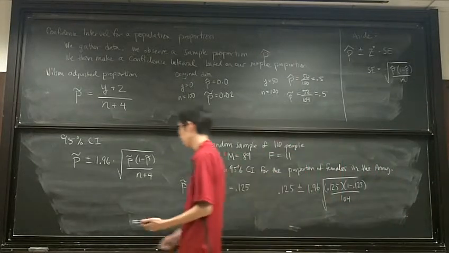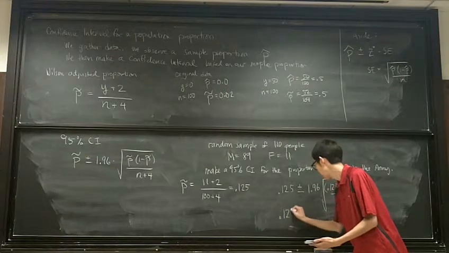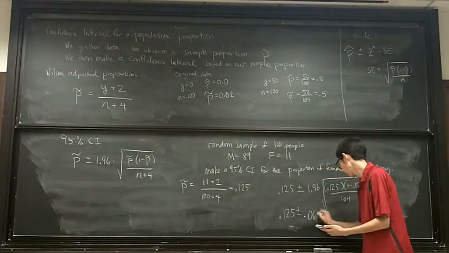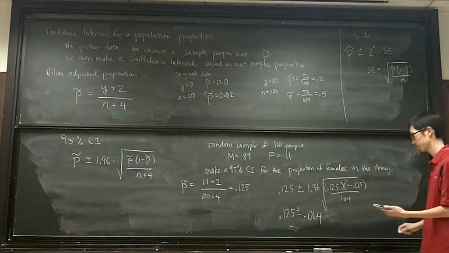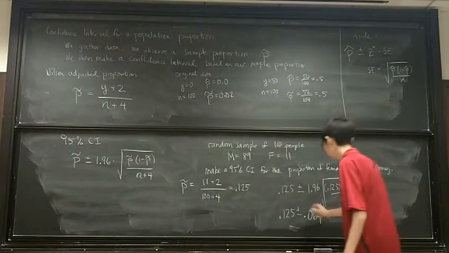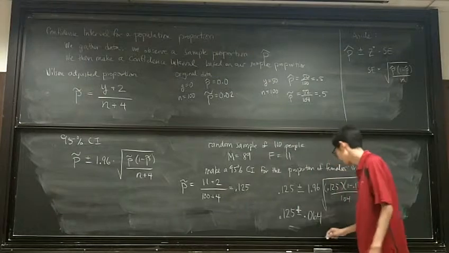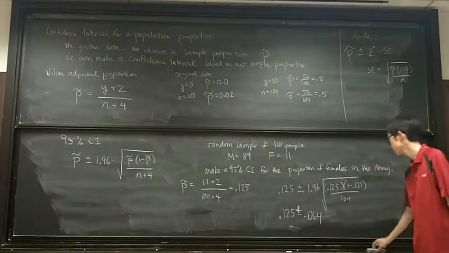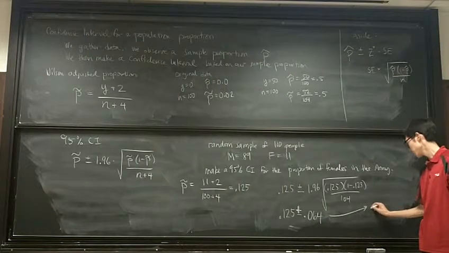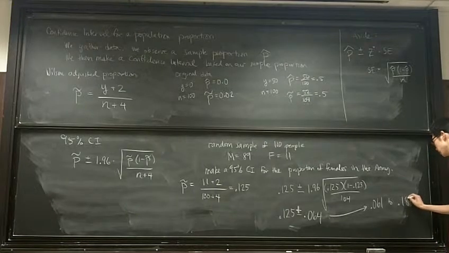So here I have 0.064. Plus or minus 0.064. Okay. So that gives me between 0.061 to 0.189.